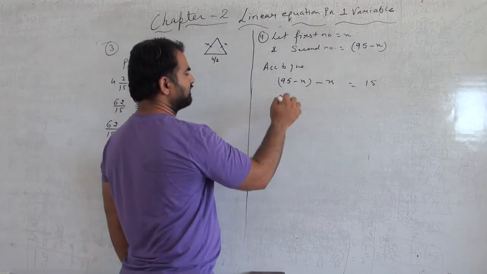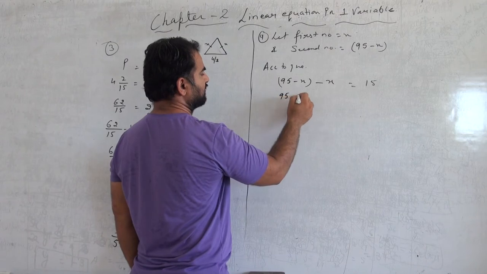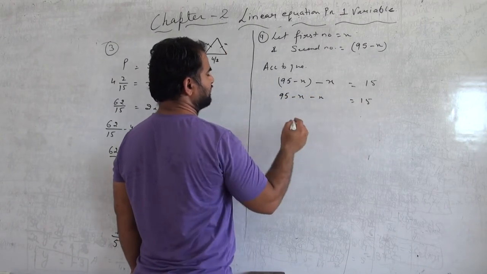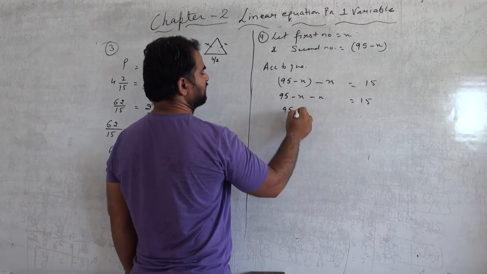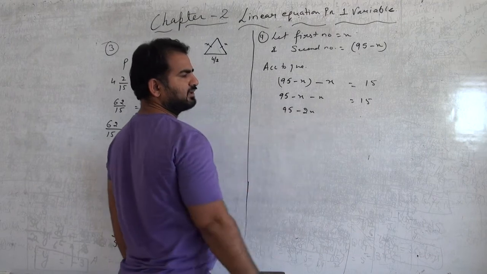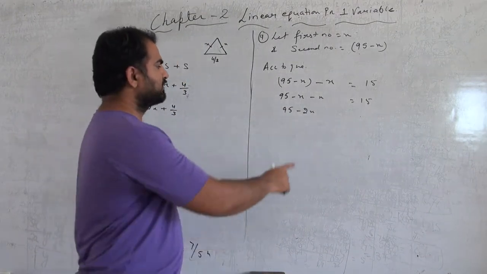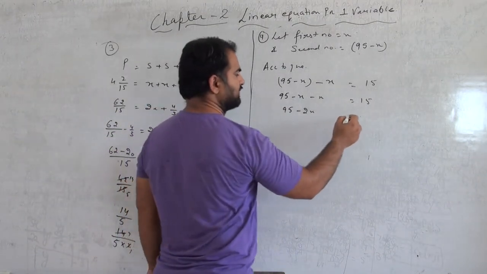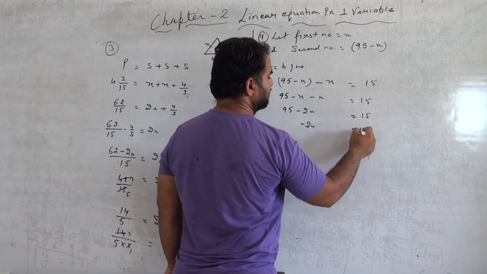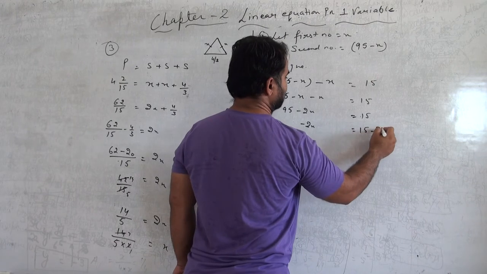So 95 minus x and again minus x equals 15. So 95 minus 2x, because 1 times x and 1 times x is 2 times x, and both are negative, so it will be minus 2x equals 15. Minus 2x equals 15 minus 95.